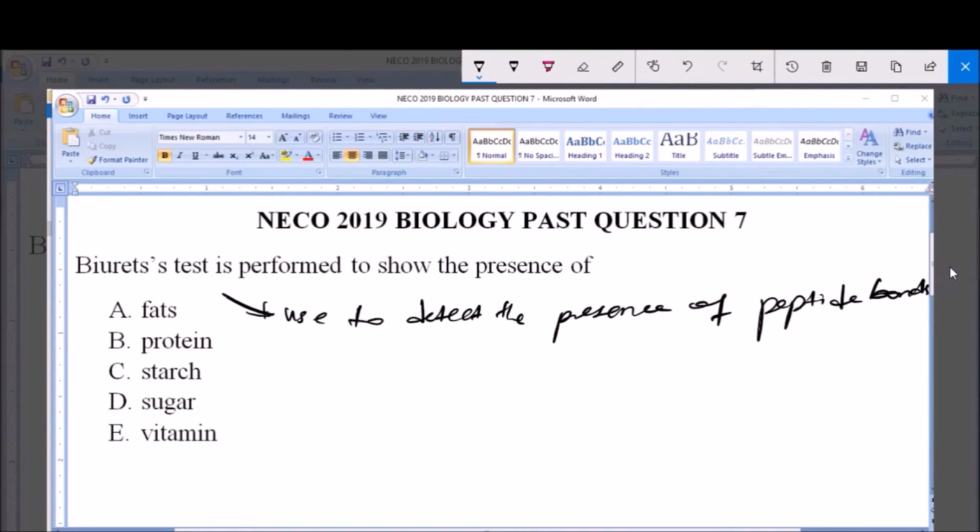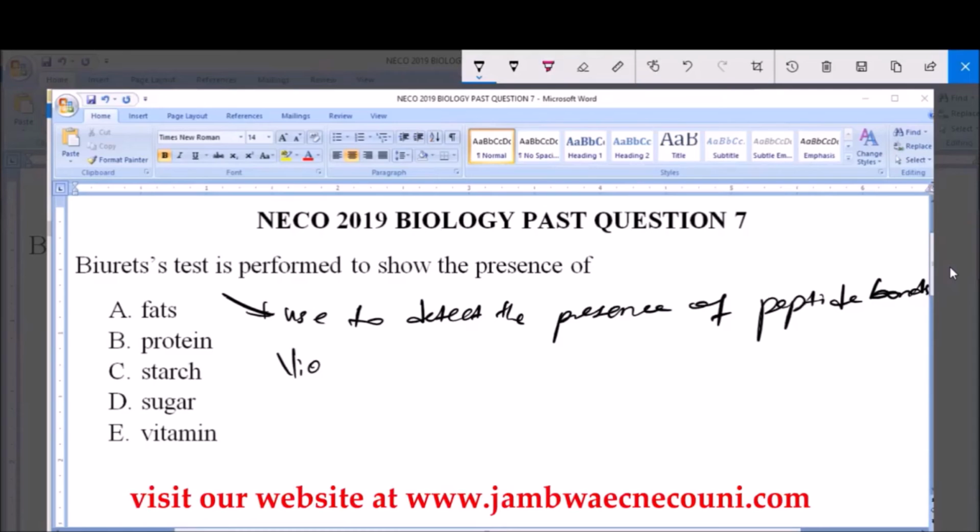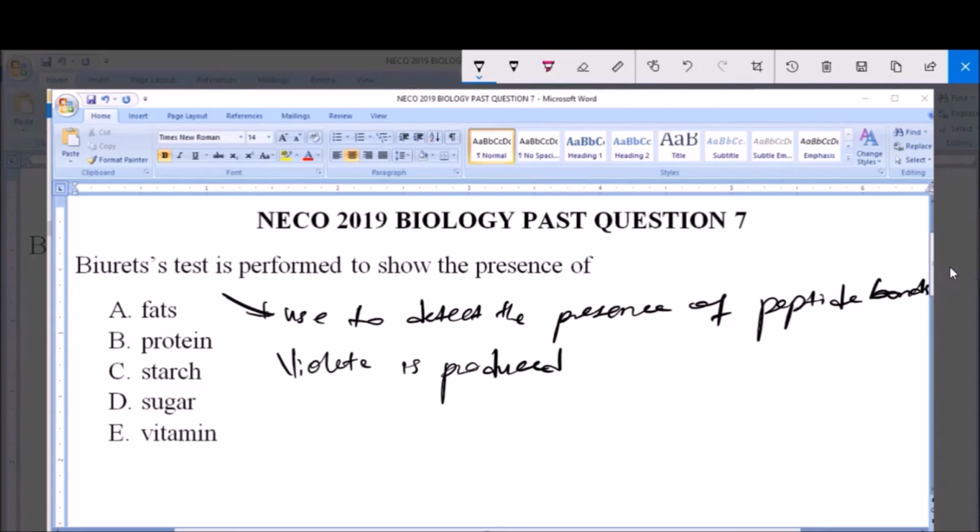In the presence of this peptide bond, a violet color is produced, due to the presence of an alkaline copper sulfate.